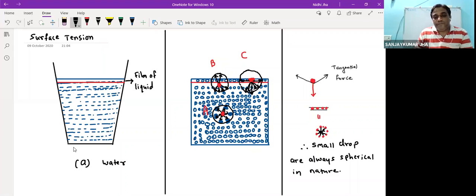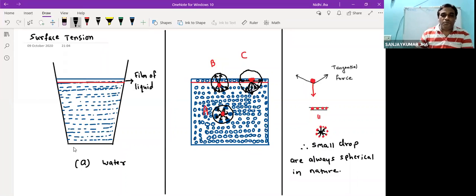Because they are the same molecule, the force of attraction is cohesive force. So the resultant force acting on molecule A is 0, and as a result molecule A is stable. Molecule A does not experience any force.